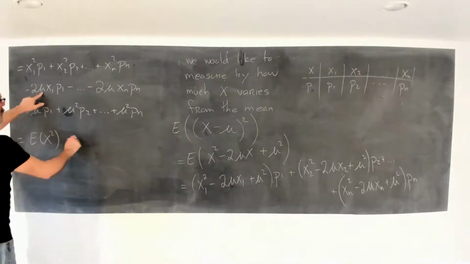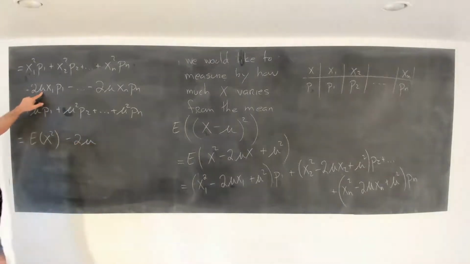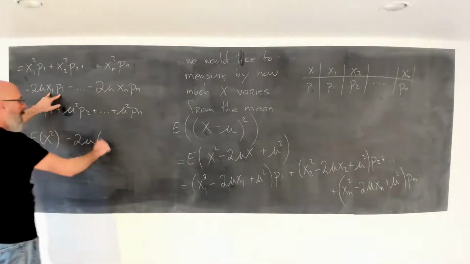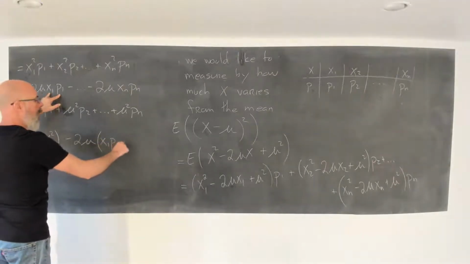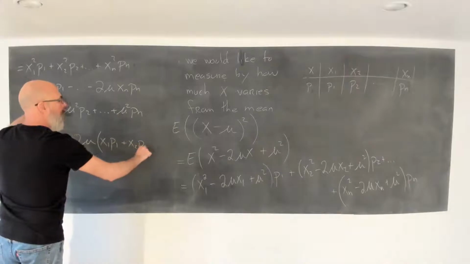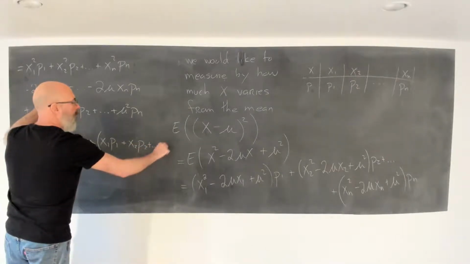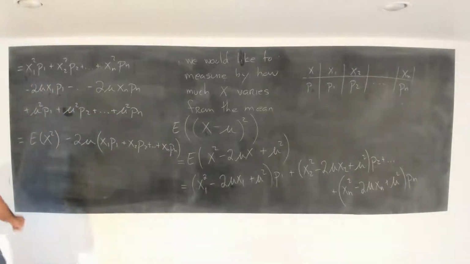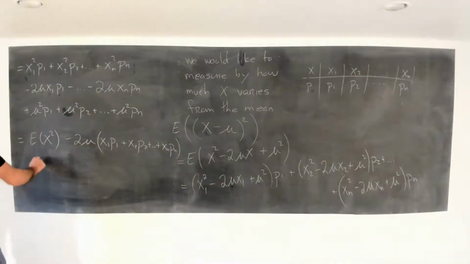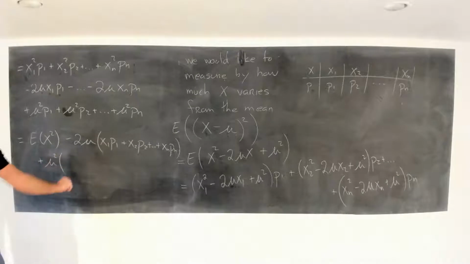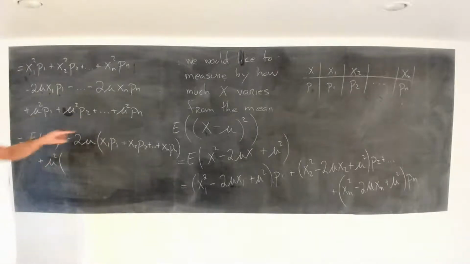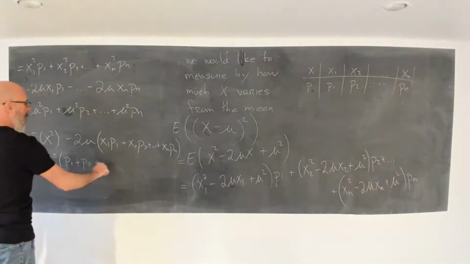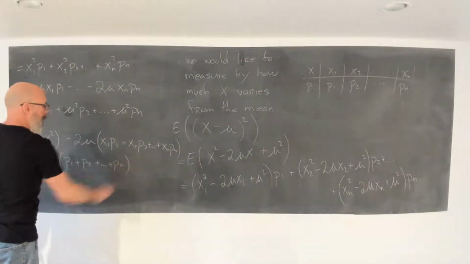Here, if you factor out a minus 2 mu, what do we get? x1 p1, x2 p2, all the way to xn pn. And here, if you factor out a mu squared, what do we have? p1 plus p2 all the way to pn.